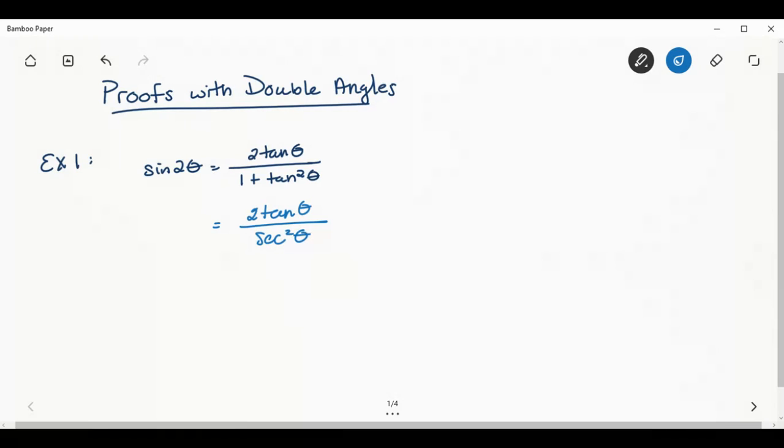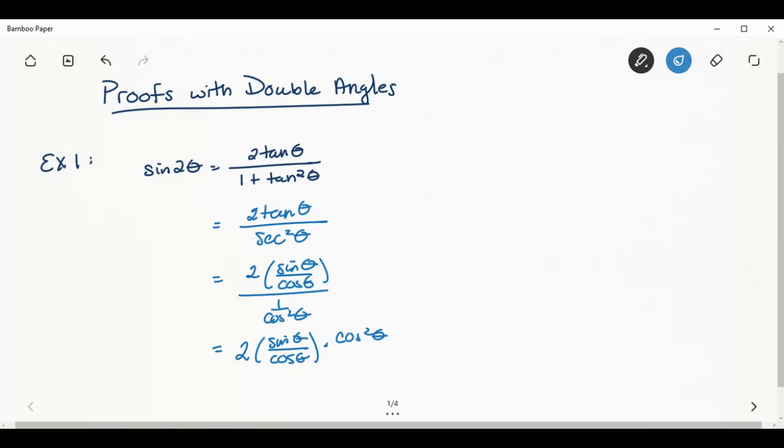And as we've done before, we're now going to change tangent to sine over cosine and divide this by 1 over cosine squared theta. The algebra to follow shows that sine and cosine times 2 will get multiplied by cosine squared theta.